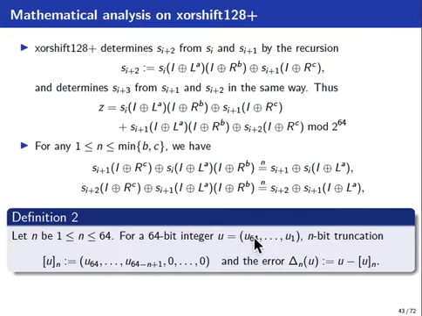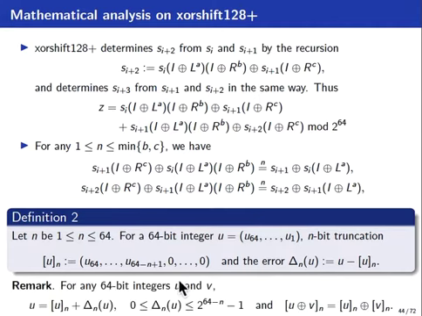Now, we introduce new notation: the n-bit truncation u_n, and the truncation error delta u. The error is bounded, and truncation and O+ are compatible.